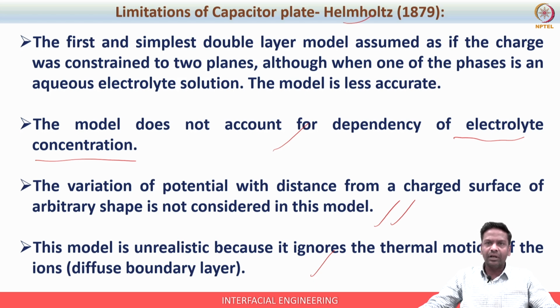They can be distributed in a random fashion. That aspect is not covered by the model. So these are the shortcomings. Now, as a remedy to this, Gouy and Chapman have proposed another electrical double layer model, and that incorporates or addresses these shortcomings or gaps. We will see them in detail.